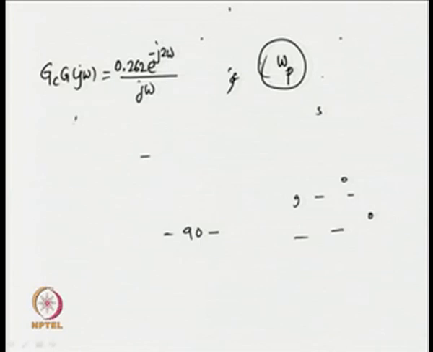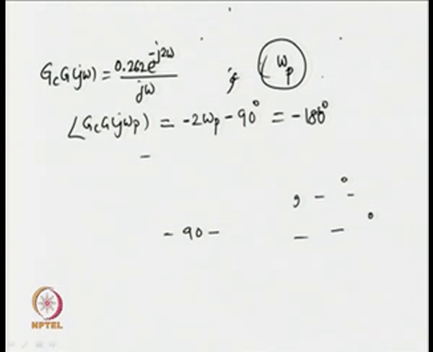So, G C G j omega p will give me an angle of minus 2 omega p minus 90 degree, which should be equal to minus 180 degree, which gives upon solving omega p as 0.785 radian per second.